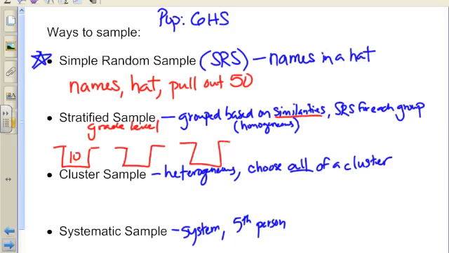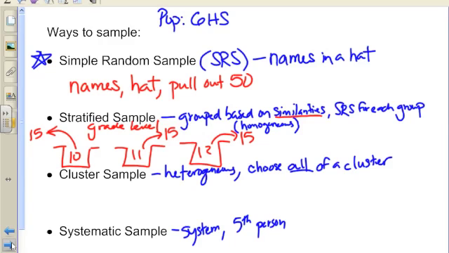Here are my 10th graders, my 11th graders, my 12th graders. And then I do a simple random sample from each hat. So maybe out of the 10th grade hat, I pull 15 names. And out of the 11th grade hat, I pull 15 names. And out of the 12th grade hat, I pull 15 names. That way I know I have some of everything.